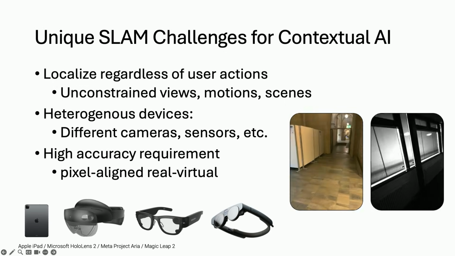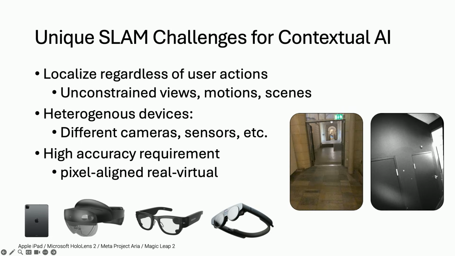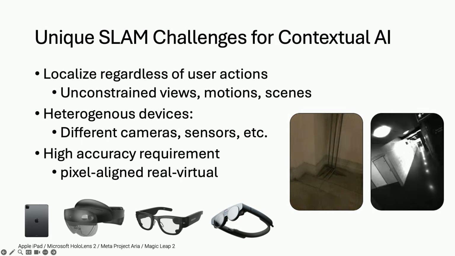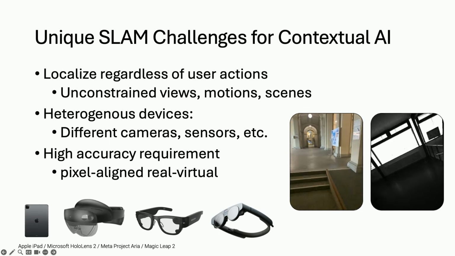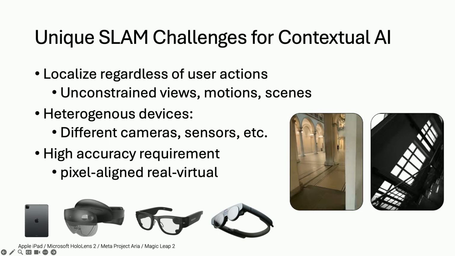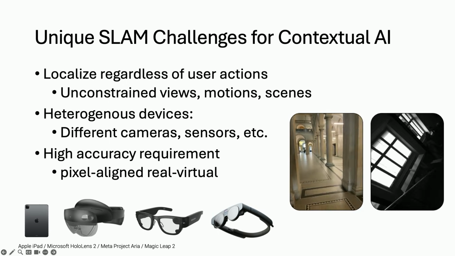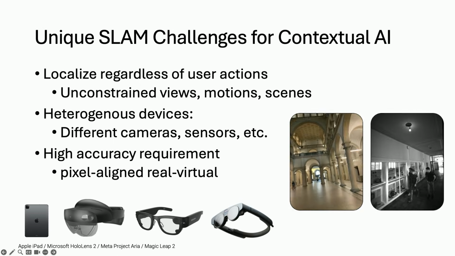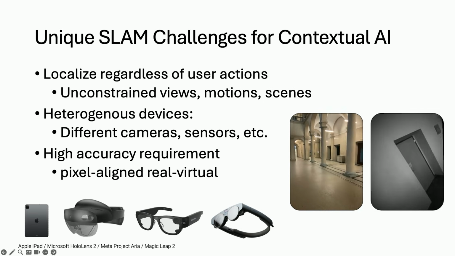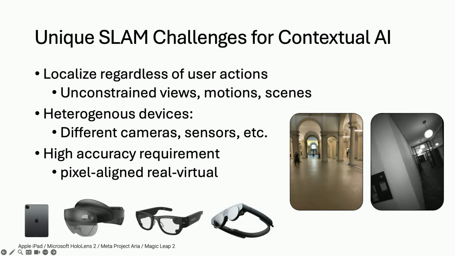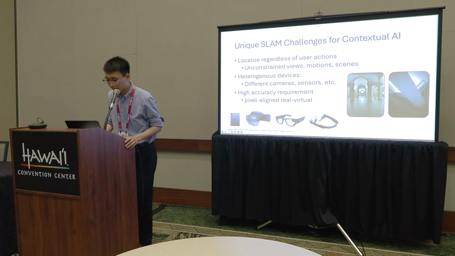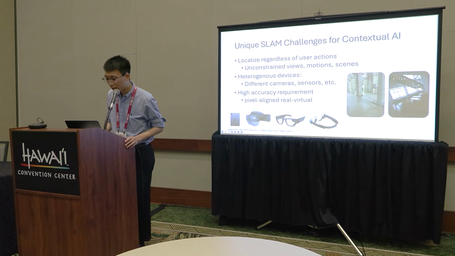On top of the visual localization benchmark, SLAM has its unique challenges, and especially for egocentric data and contextual AI, there are a lot of unique SLAM challenges that do not exist in single image localization. First, the system needs to localize regardless of user actions.